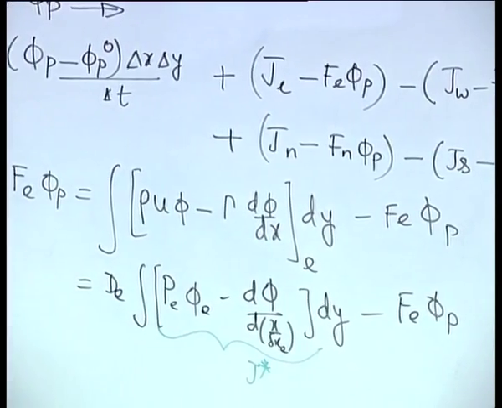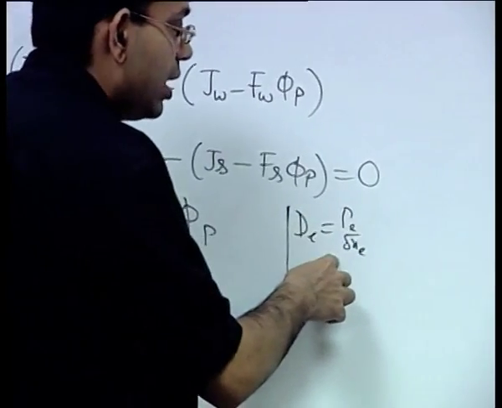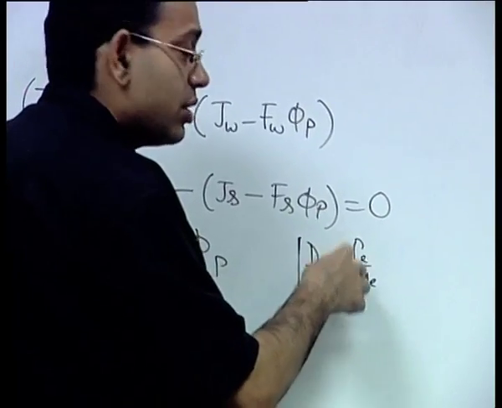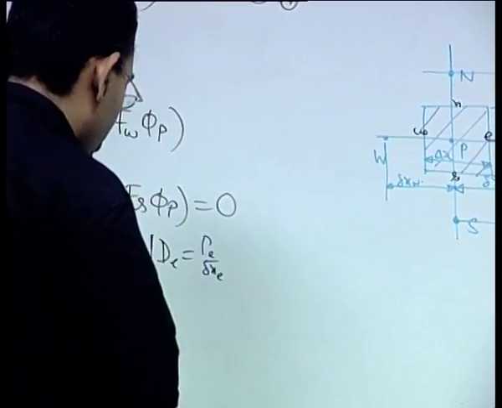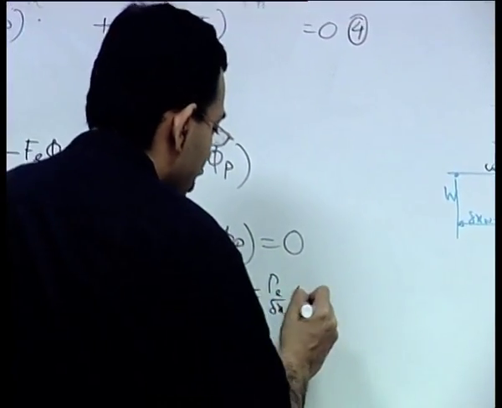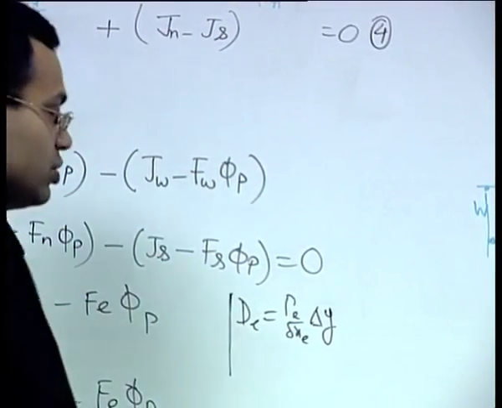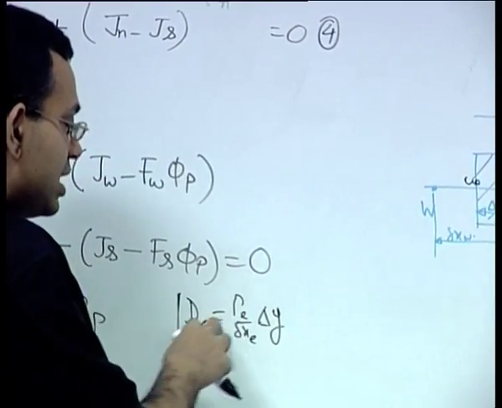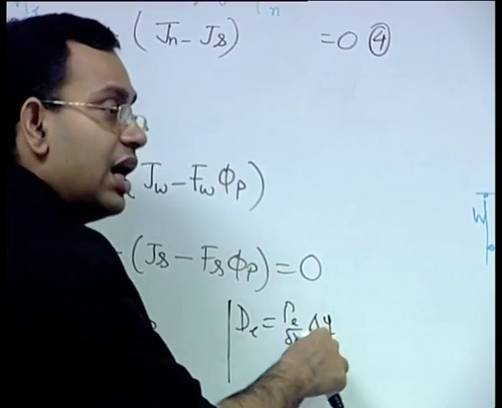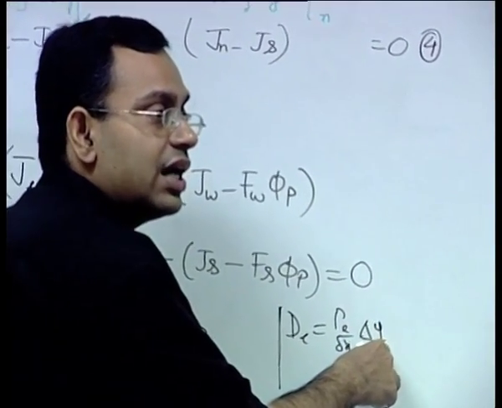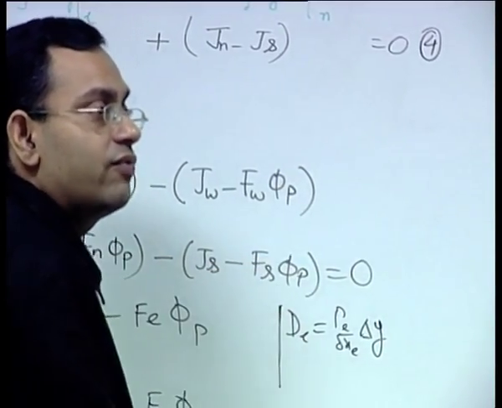Now, when we defined d equal to gamma e by delta xe, that was a one dimensional problem. In a two dimensional problem we can define d in a bit of a different way. We can multiply by delta y. So this is the total diffusion strength, because this is like per unit area, and delta y into 1 is the area perpendicular to the direction of the propagation of the diffusion flux.